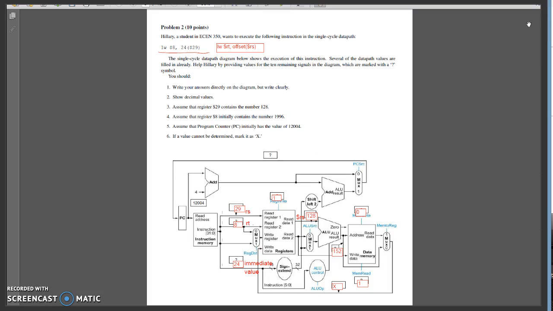Because we were given that the program counter initially has a value of 12,004, then for every instruction, we increment our PC by 4, with the exception of our branch and jump instructions. So because this is a load word instruction, we add 4 to our 12,004, and we're left with 12,008. Simple as that.